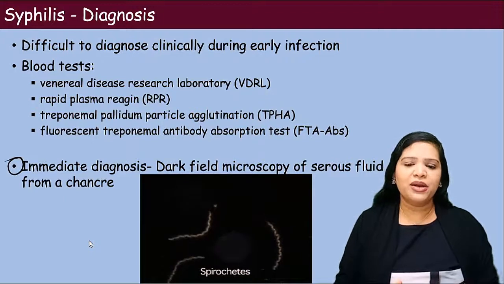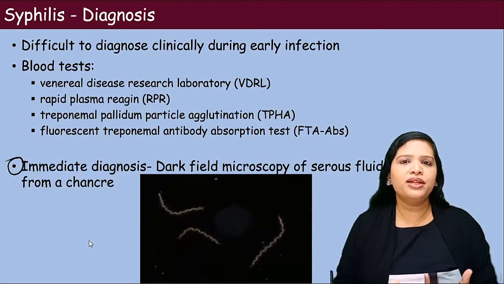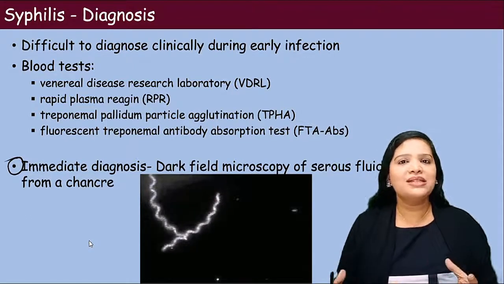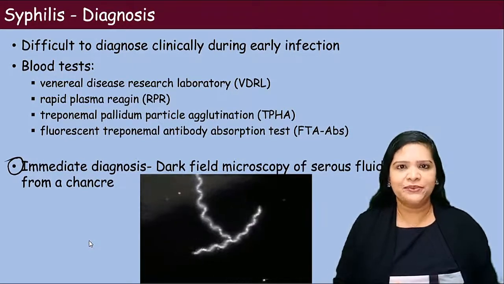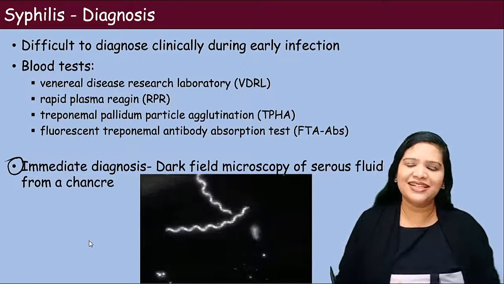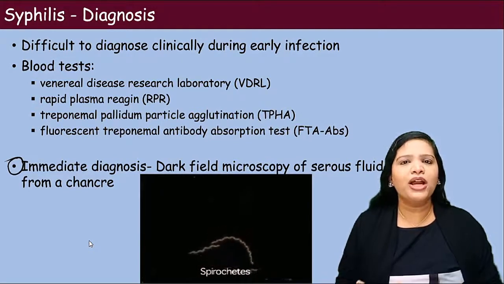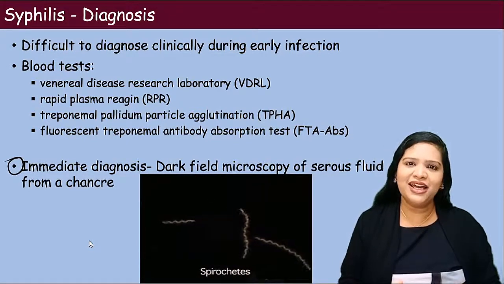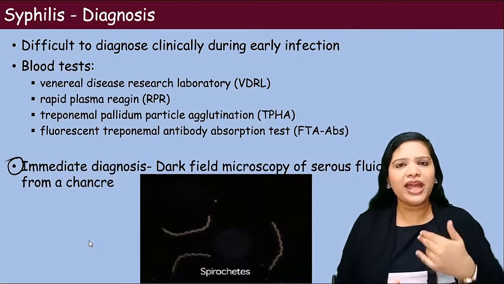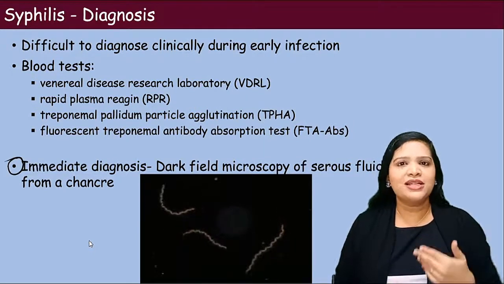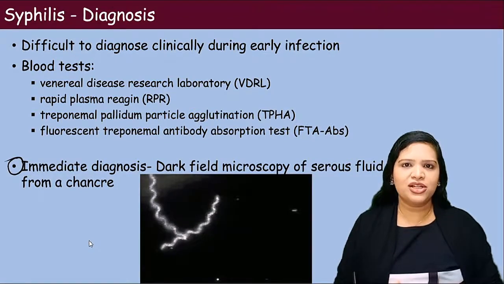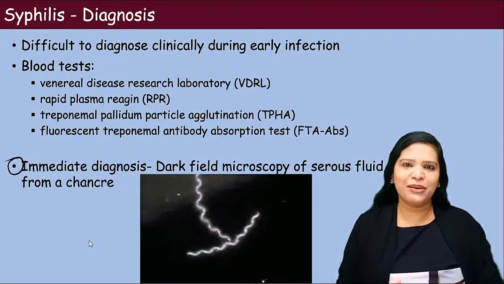In dark field microscopy, we can see beautifully bright bacteria against a dark background, like how we see stars in the night sky. The background will be black and the bacteria appear bright. Even if only one or two bacteria are there, we can easily diagnose using dark field microscopy. This is not a staining technique, so we are able to see the motile organisms, which are live. So dark field microscopy is the best technique for identifying this bacteria in the laboratory.